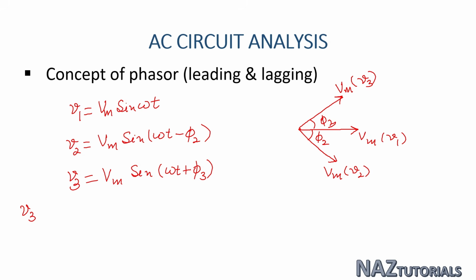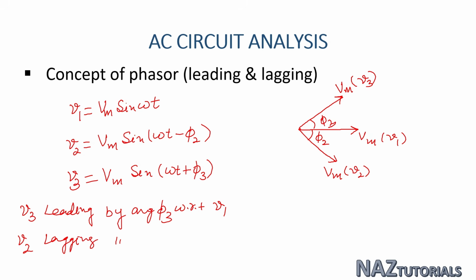So you can say V3 is leading by angle phi 3 with respect to V1. And if you analyze V2, V2 is behind V1. So you can say V2 is lagging by angle phi 2 with respect to V1.